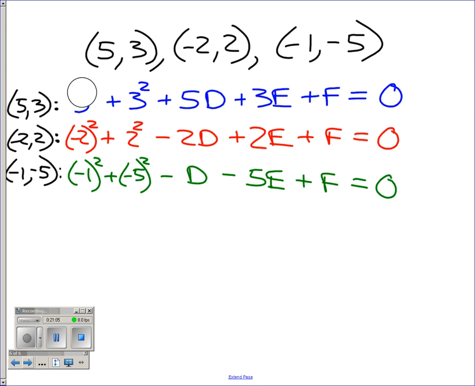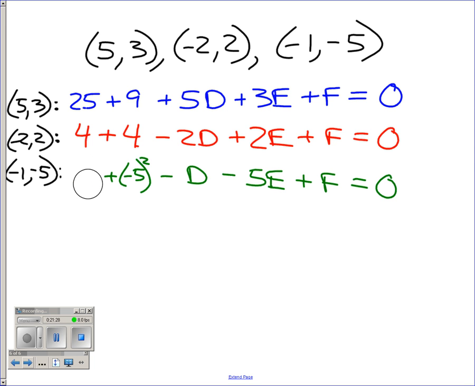This 5 squared, that's a 25 plus 9. The -2 squared, well, that's just a 4 plus another 4. And then for the last one, this is going to be 1 plus 25. So we'll just put this in. All right. Well, again, these constants up front will combine.